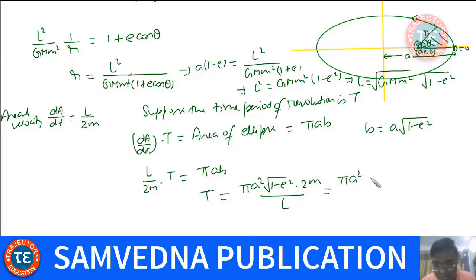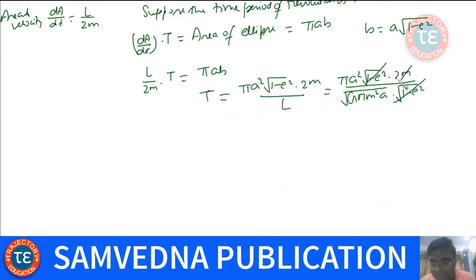T equals pi a squared root of 1 minus e squared upon 2m, and L is GMm squared a (1 minus e squared) under root. So this will cancel out, and what will remain?